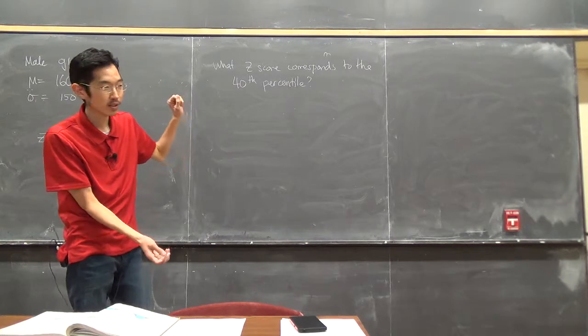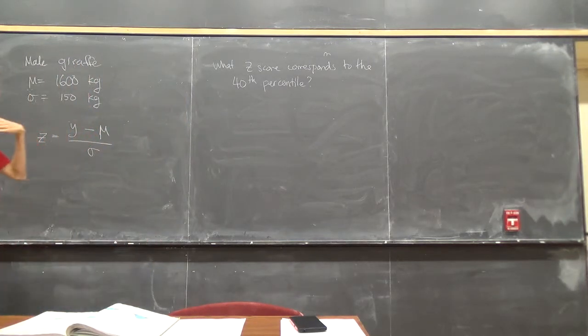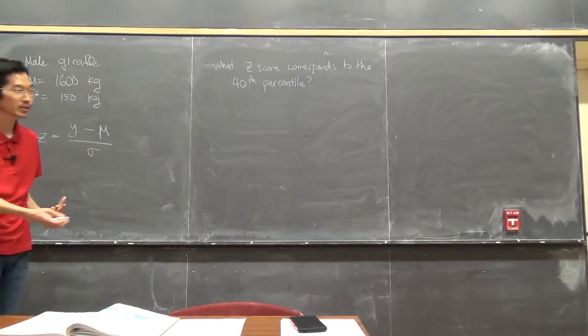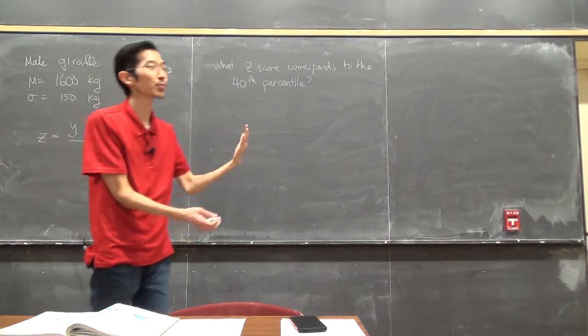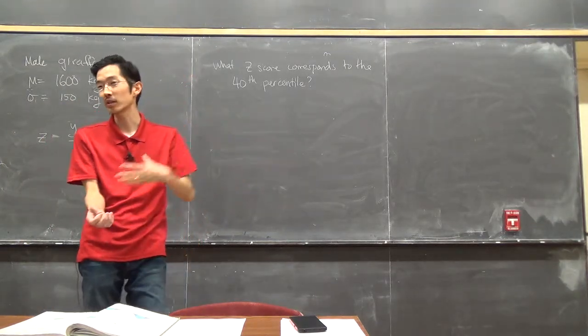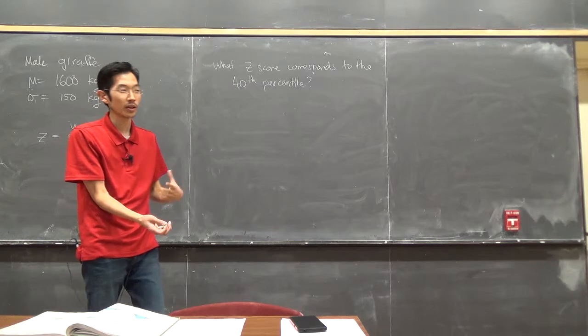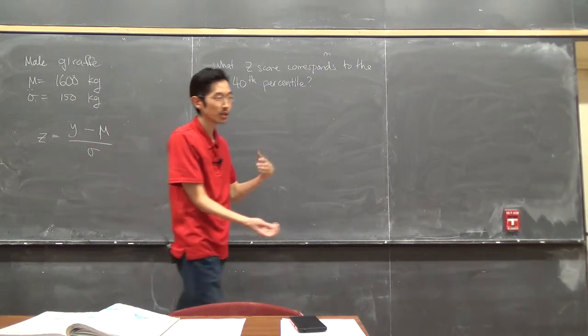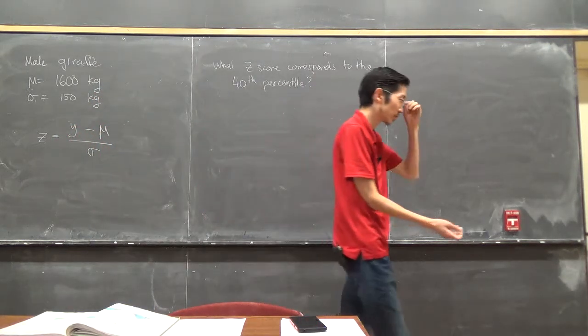So if your weight is in the 40th percentile, that means 40% of people weigh less than you. And conversely, that means 60% of people weigh more than you.